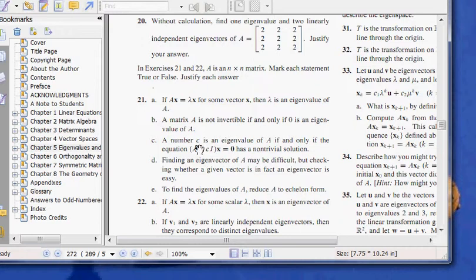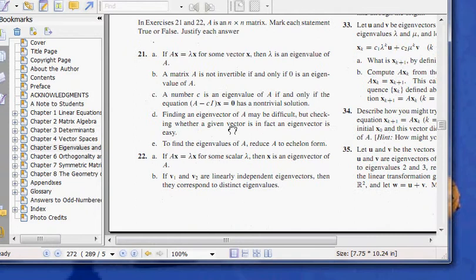For c to be an eigenvalue, there must be a non-trivial solution of this equation form. There's no other way around it. D: finding an eigenvector of A may be difficult, but checking whether a given vector is in fact an eigenvector is easy. Finding an eigenvector may be difficult, because you have to row reduce and so on.